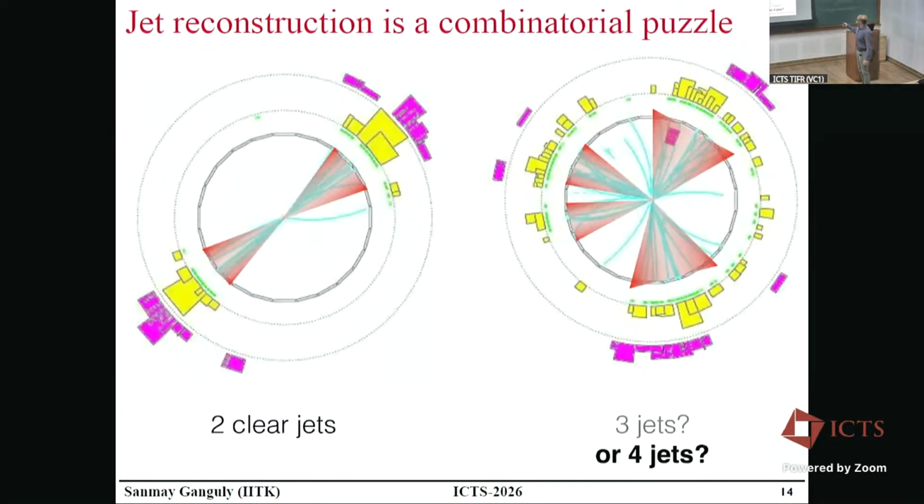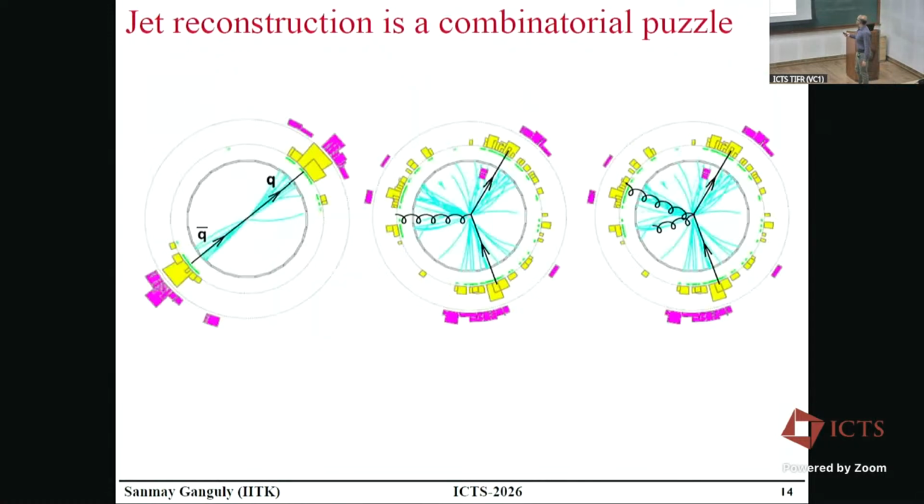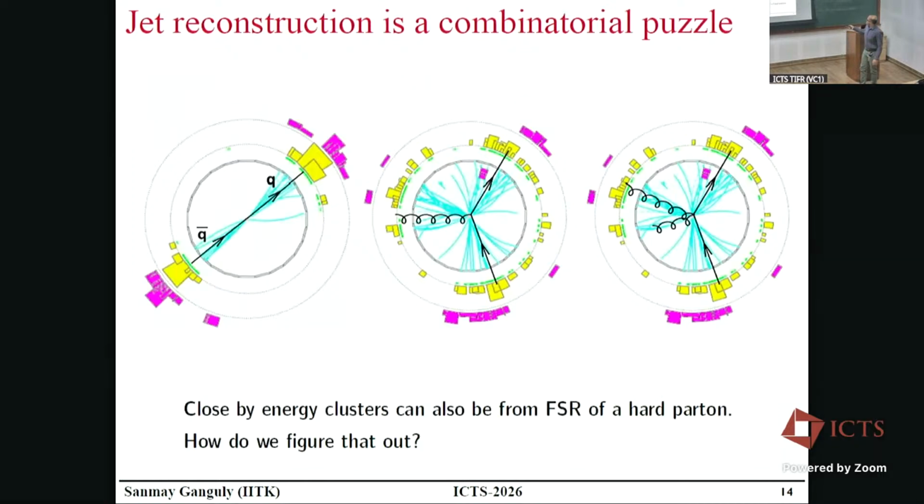Whereas if you get some isotropic distribution like this, life becomes a little more difficult. How many jets there are is something ambiguous. Whether there was multiple parton fragmentation, and whether this is essentially a 3-jet or 4-jet event, these are the kinds of issues which we really need to understand.